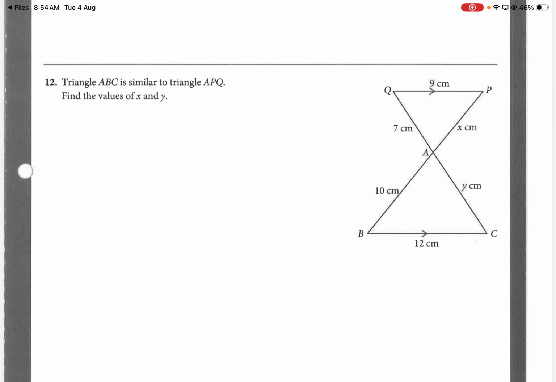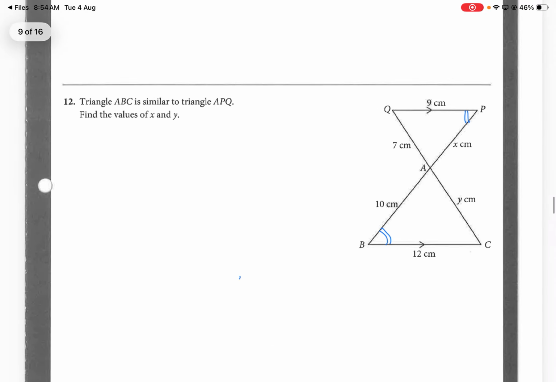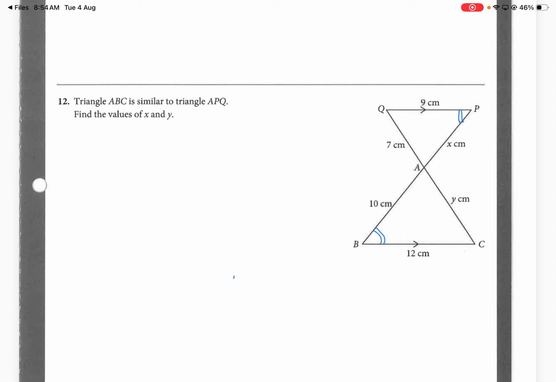So the corresponding angle, the corresponding corner, is this same as this. And C same as Q, the angle. A same as A. In this question, they give you this parallel line.